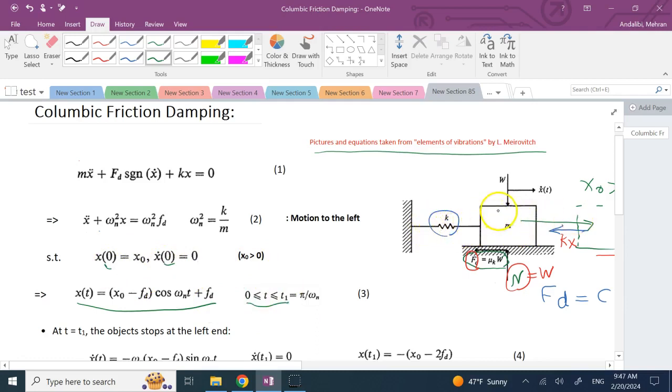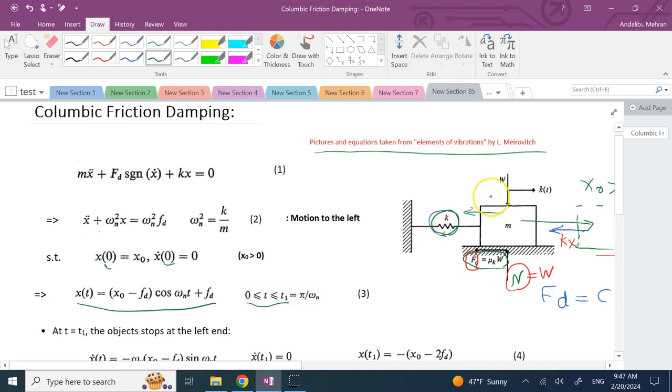Because as it moves this way, your friction is always working against your momentum. Your spring force is all converted to momentum, and a portion of it is wasted into heat by friction, and a portion of it is now stored in the spring. Okay, at that point, the momentum becomes zero.